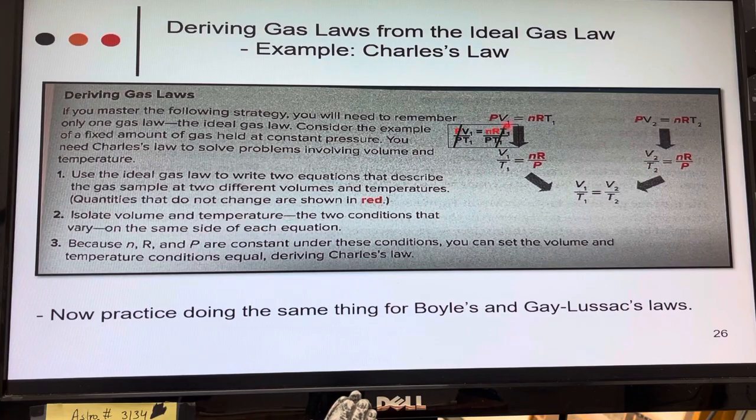So all you're doing is isolating variables, canceling out the ones you don't need on both sides, and then looking at the relationship between the two, and you end up with your final. So practice doing that. I've done it for you for Charles's law here. Practice doing the same thing for both Boyle's and Gay-Lussac's laws on your notes, okay?